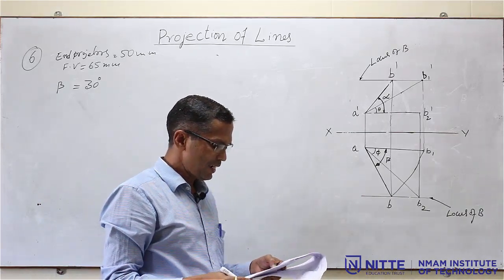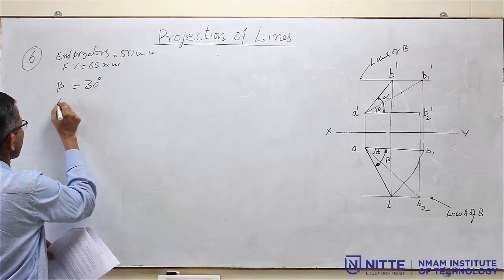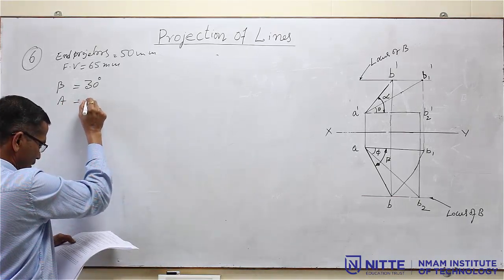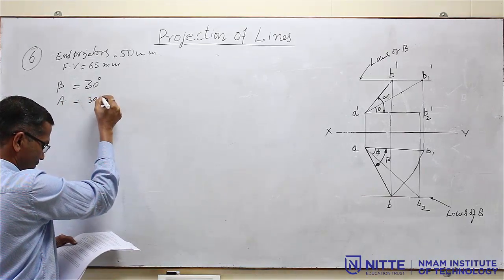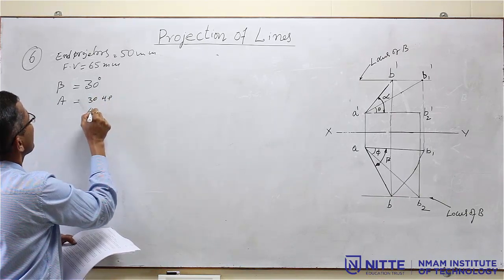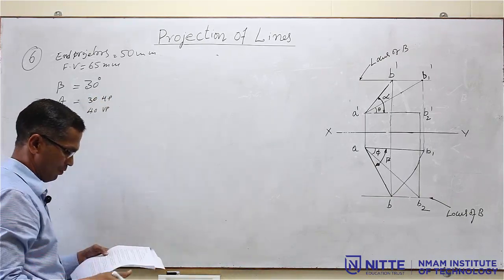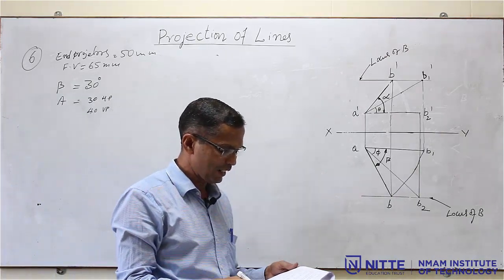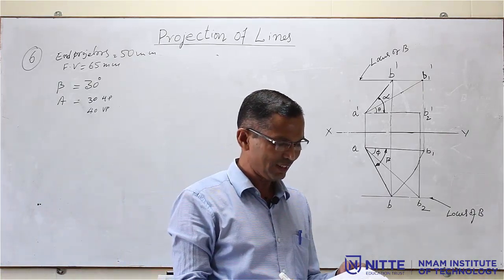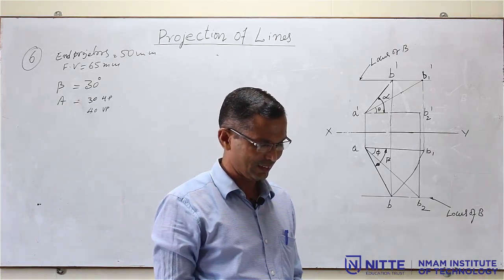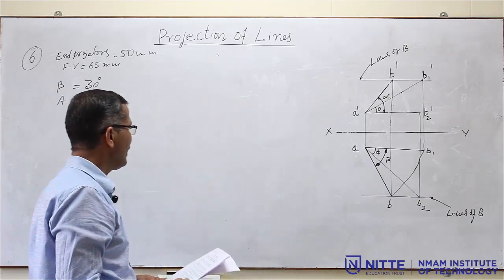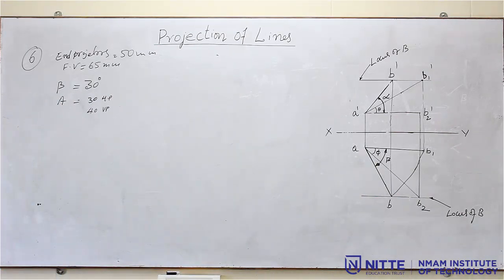The end A is 30 mm above HP and 40 mm in front of VP. Draw its projections and determine the true length and true inclinations.